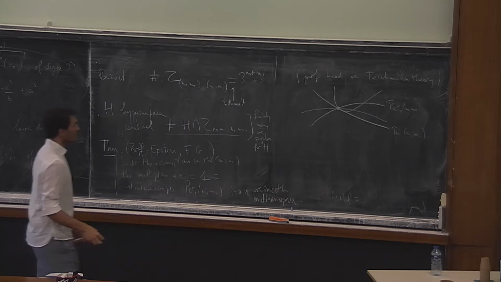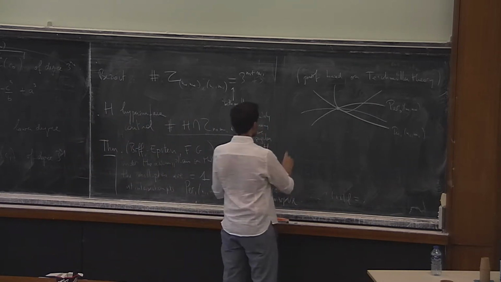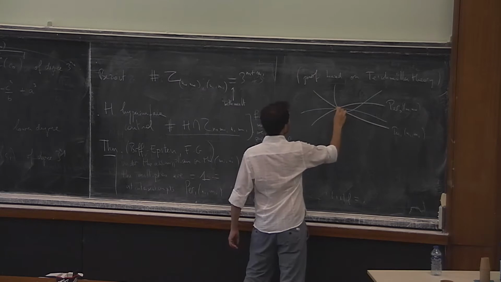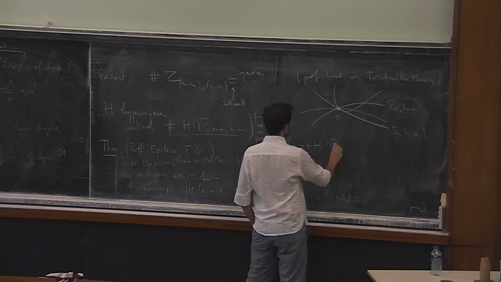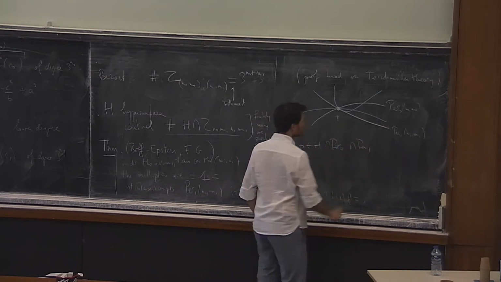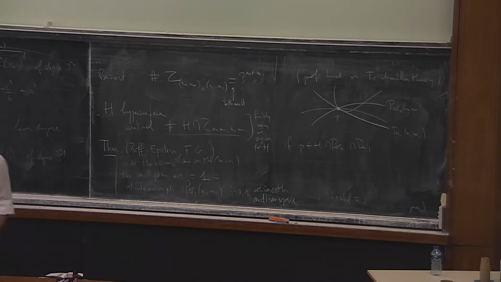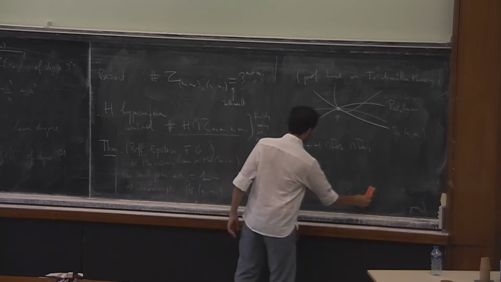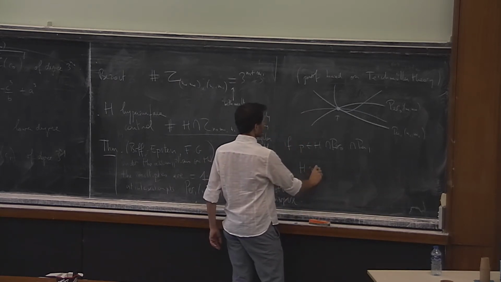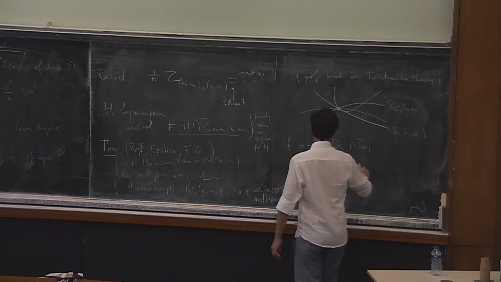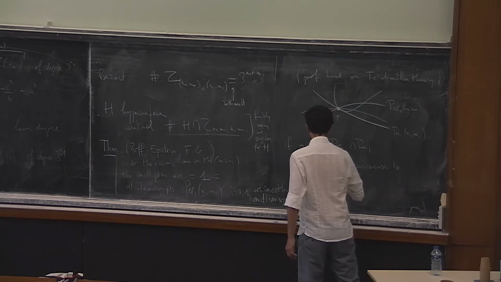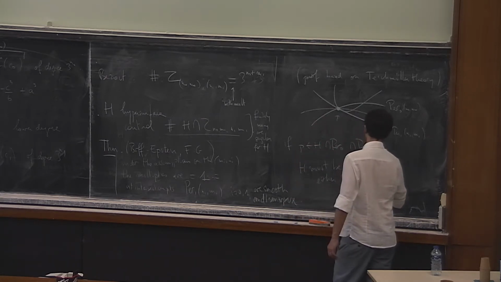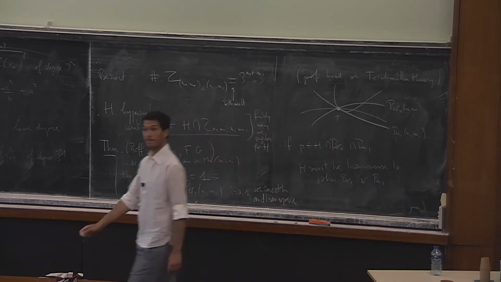You have many situations, but in any case, if this point P belongs to H intersected with pair naught intersected with pair 1, H must be transverse to either pair naught or pair 1, because both of them are transverse.